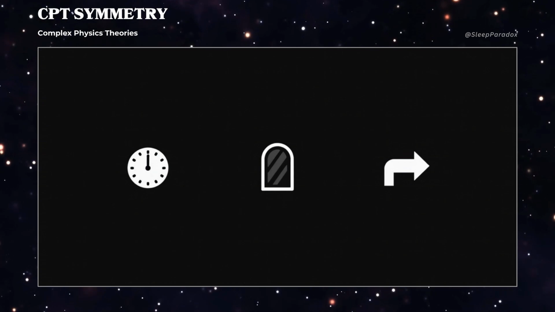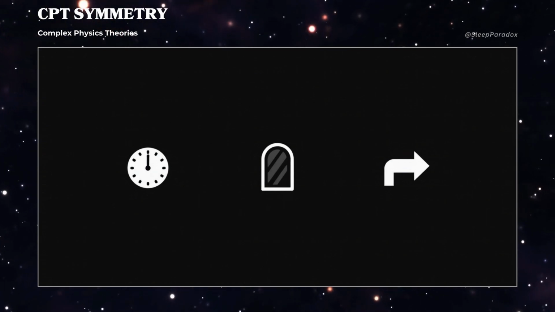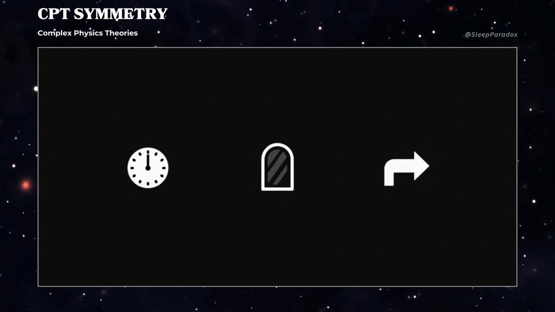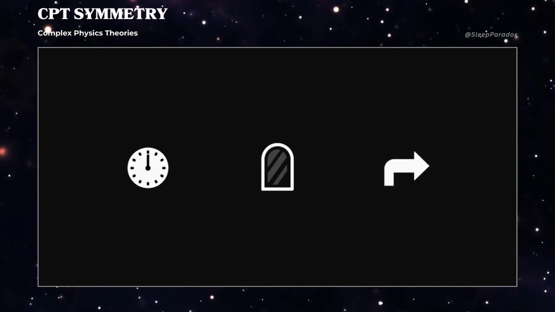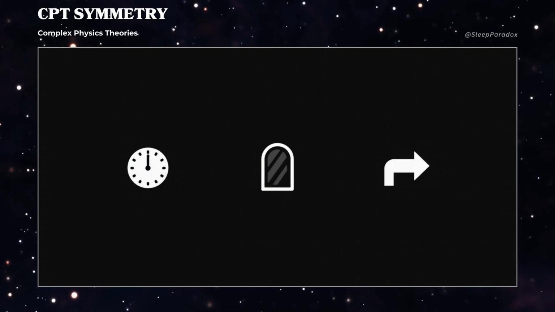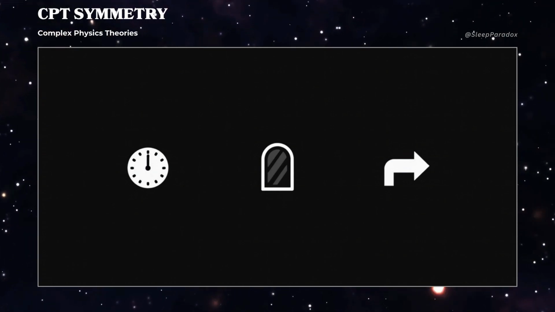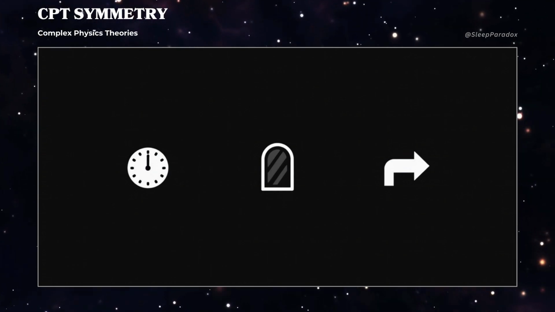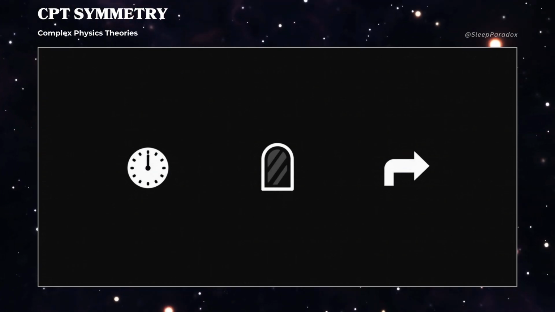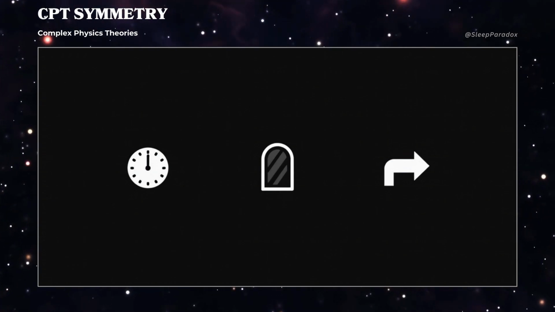CPT symmetry is not just a curiosity, it's a deep requirement of any relativistic quantum field theory that obeys certain basic conditions like locality and energy conservation. If a theory violates CPT symmetry, it usually means something is seriously wrong with its underlying structure. The most practical implication of CPT symmetry is that particles and antiparticles must have the same mass and the same lifetime.